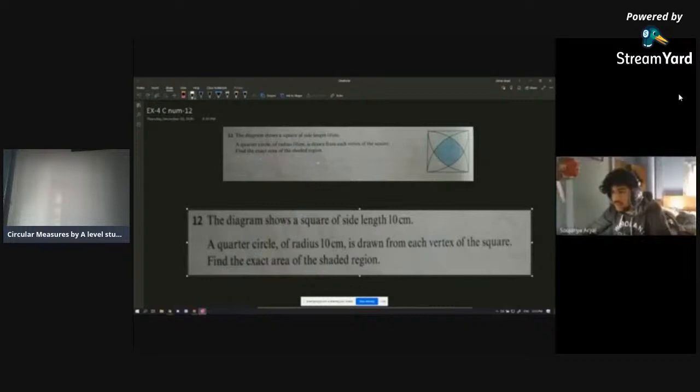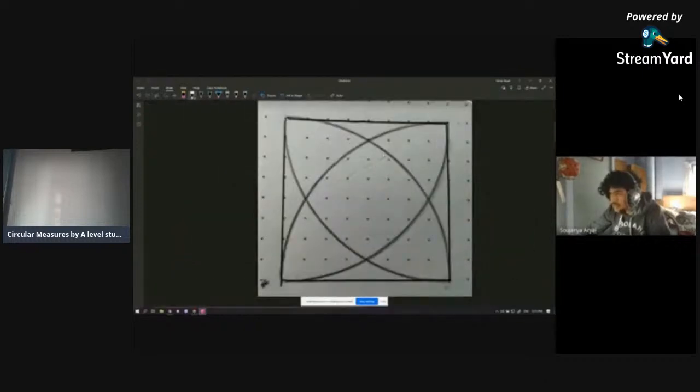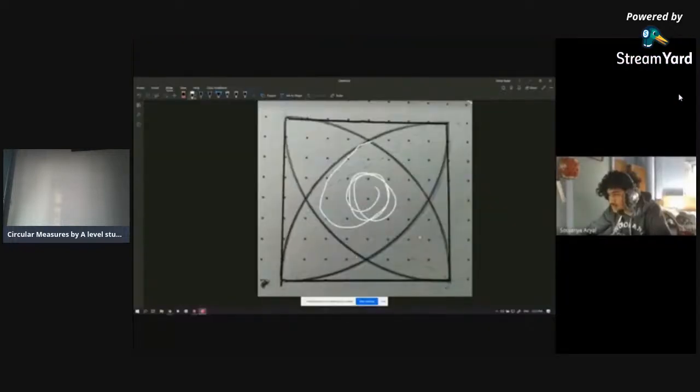It's fine. So the question asks us to find the exact area of the shaded region. So in this figure, first we have to think about this area, right? To find this area, what we need to do is subtract the area of the whole entire circle except this part, right?